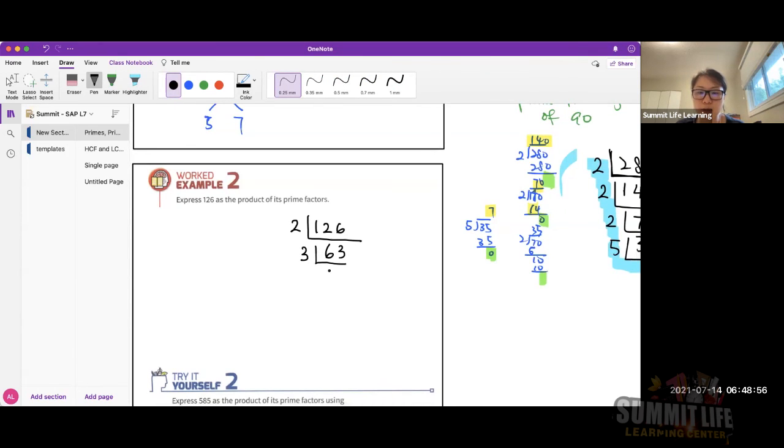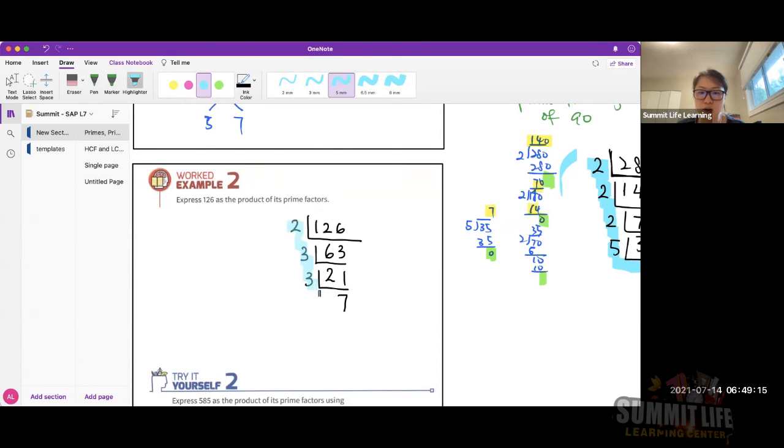So 63 divided by 3, you will get 21. 21, if you still remember, is a multiple of 3 as well. So 21 divided by 3 is 7. Now, 7 is a prime, you can stop.